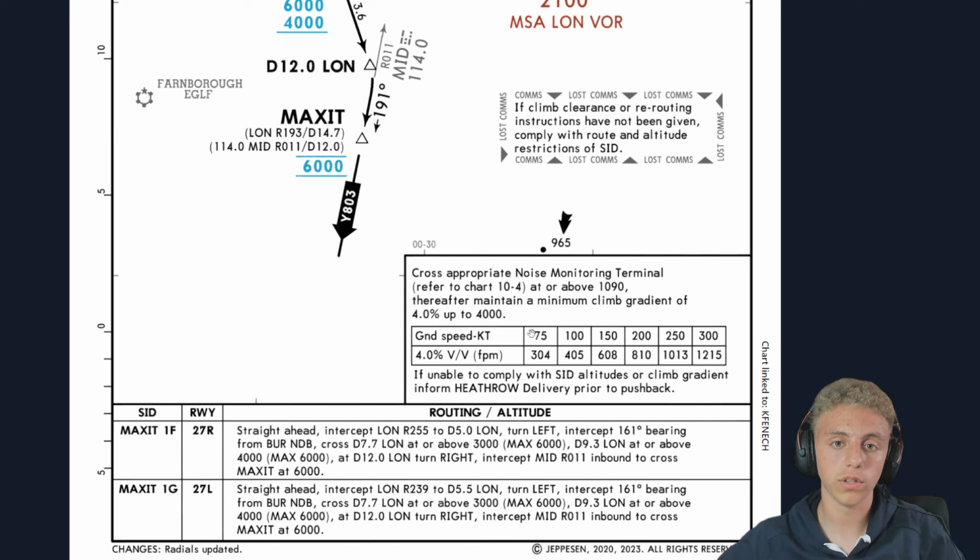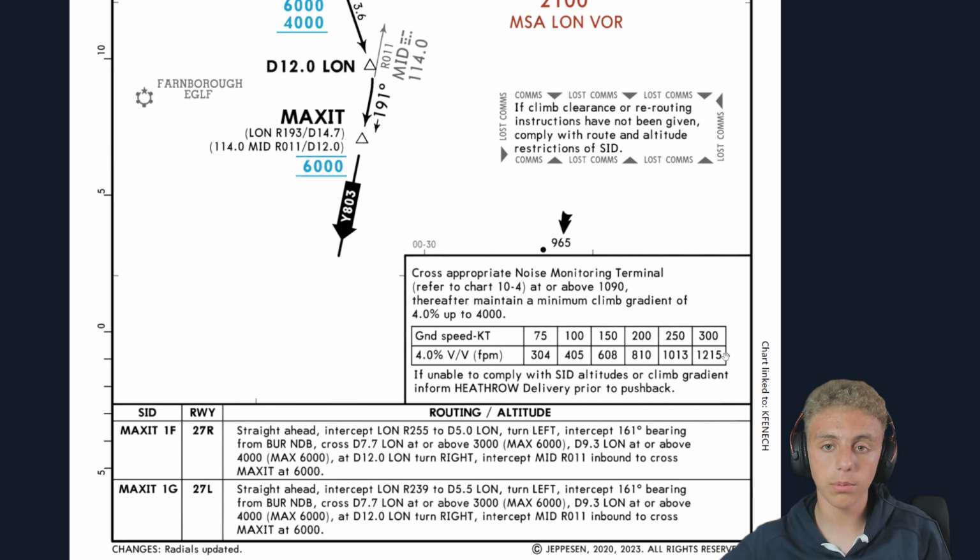This is up to 4,000 feet. Now, you don't need to maintain a 4% gradient above 4,000 feet, correction, because it says minimum climb gradient. So you have to maintain at least a 4% gradient. You have a little chart here to tell you at what speed you are, how fast you have to climb. So at 200 knots, you have to climb 810 feet per minute.